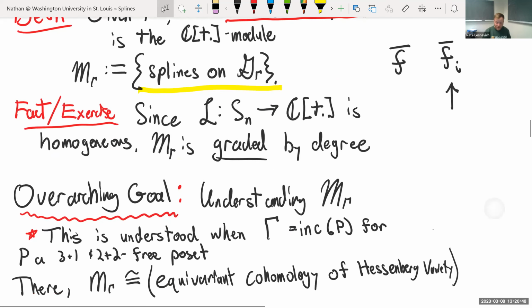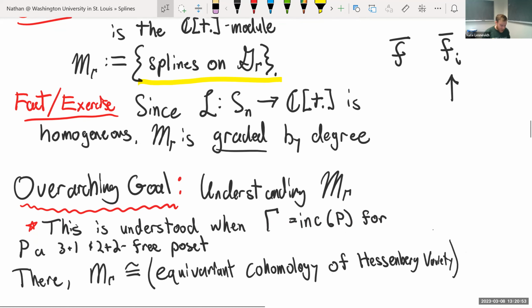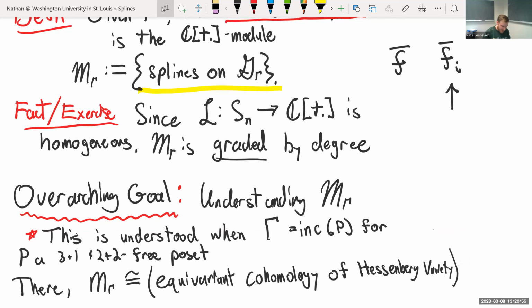So for context, history, and also a little bit of motivation, this is understood when gamma is the incomparability graph of a 3+1 and 2+2 free poset. So that's a poset that doesn't contain either of these as a sub-poset. In that case, gamma can be associated with some geometry.